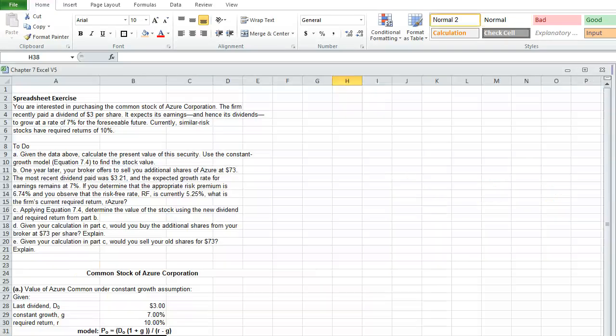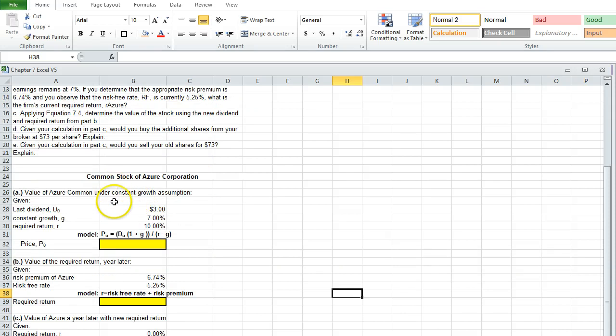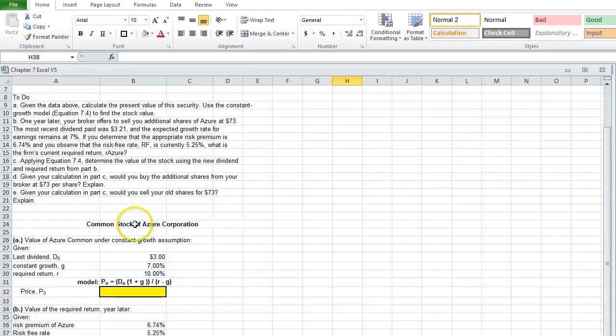Okay, so there's a spreadsheet exercise problem at the end of chapter 7 that I've put into the spreadsheet here. Again, we want to calculate the stock price, and here they give you another model, the P0 model for calculating the stock price.